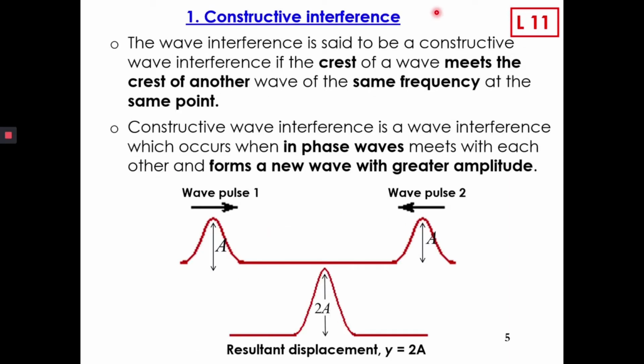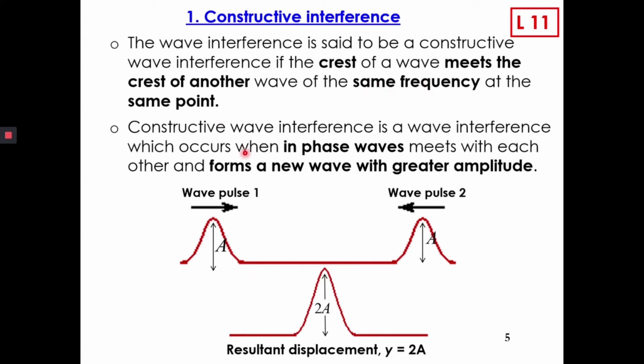Wave interference is said to be constructive if the crest of a wave meets the crest of another wave, but both waves must have the same frequency at the point.